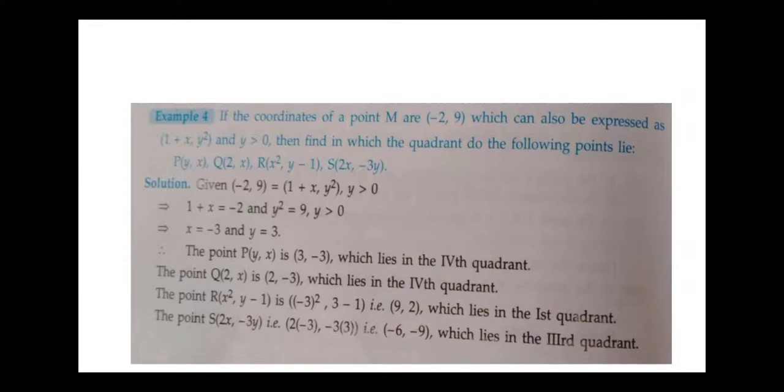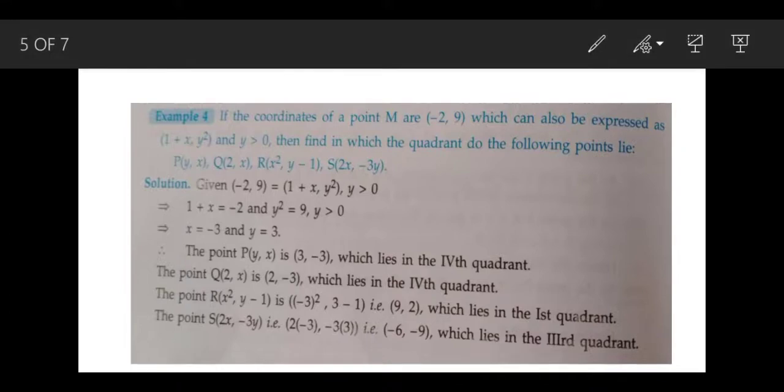Taking an example, we are given the coordinates of point M as -2, 9, which can also be expressed as (1 plus x, y square). And we have to find a few values. It is given that (-2, 9) can also be represented as (1 plus x, y square).